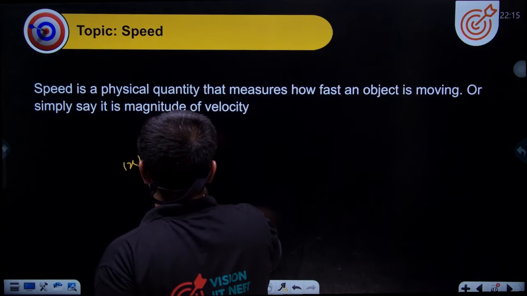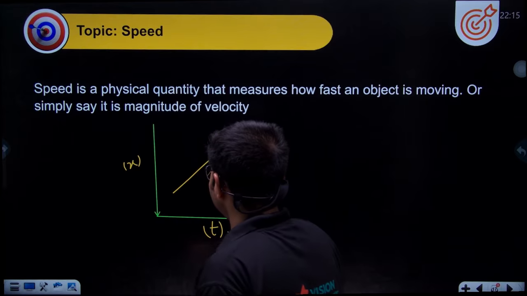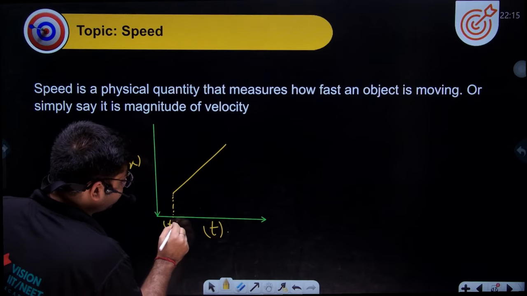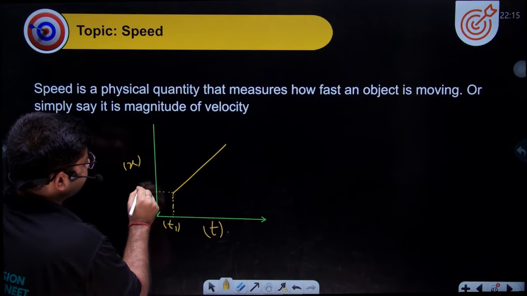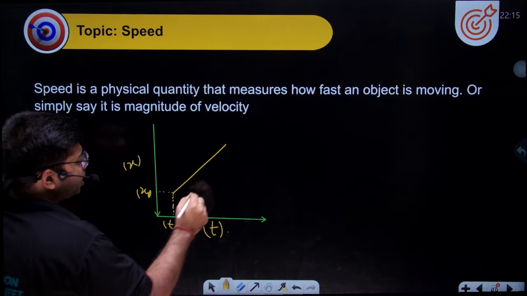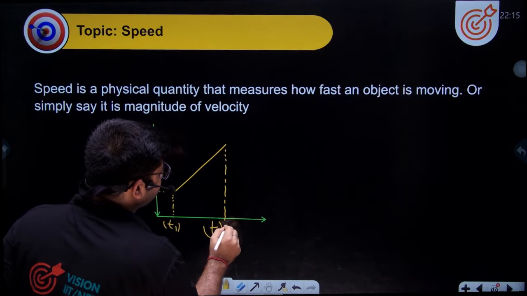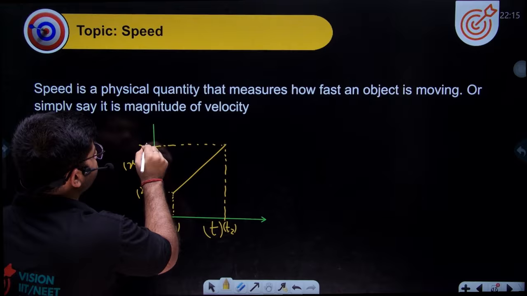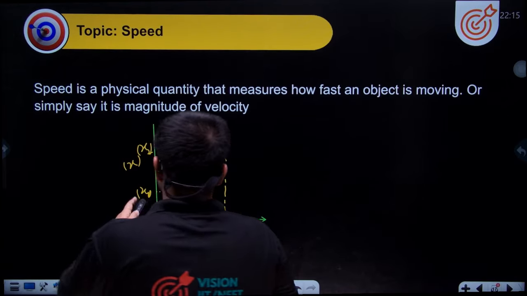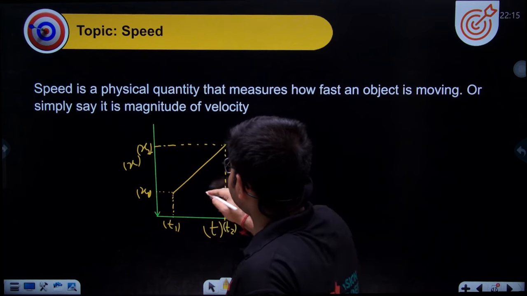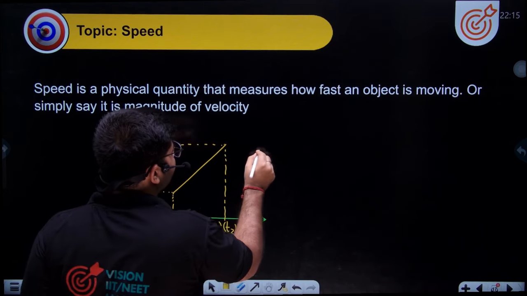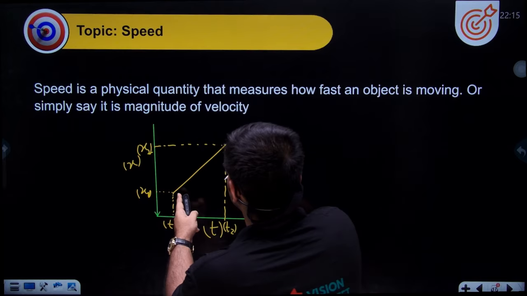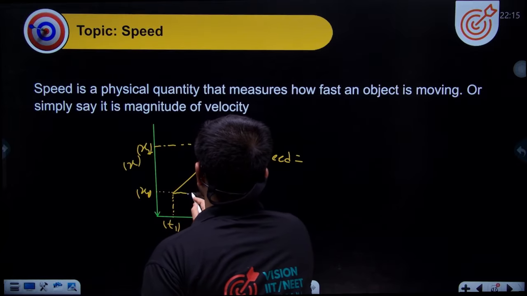Say for example, if it is changing something like this, at time t1 its position was x1, and at time t2 the position was x2. Then the speed will be given by the slope of this graph.